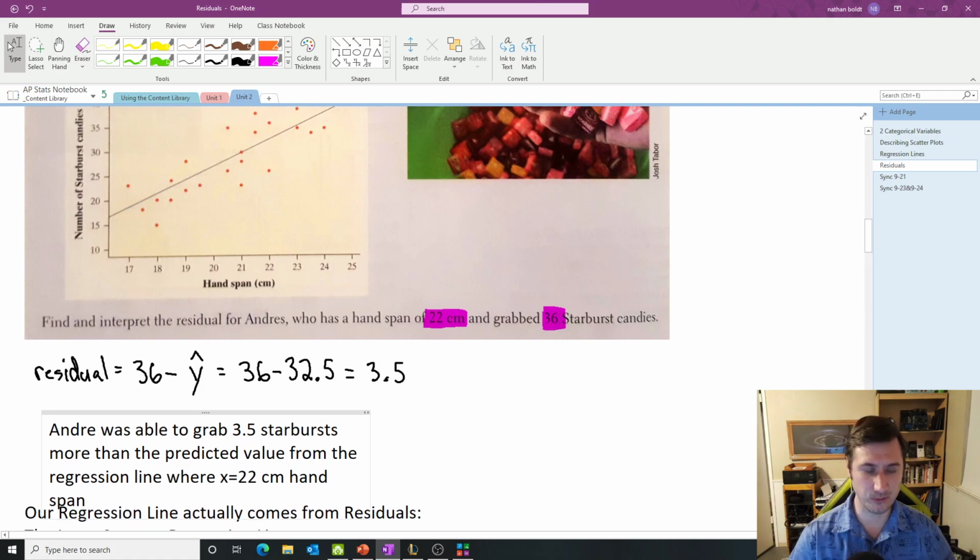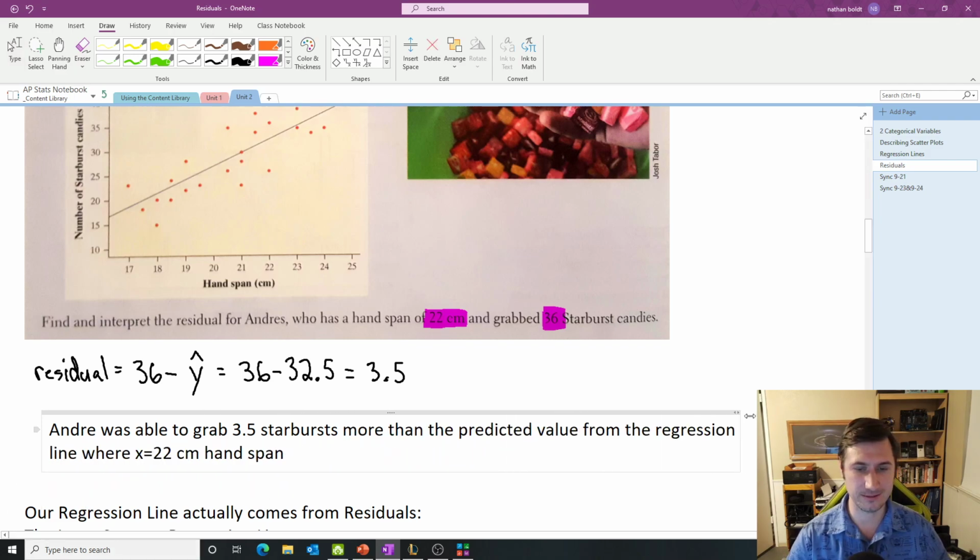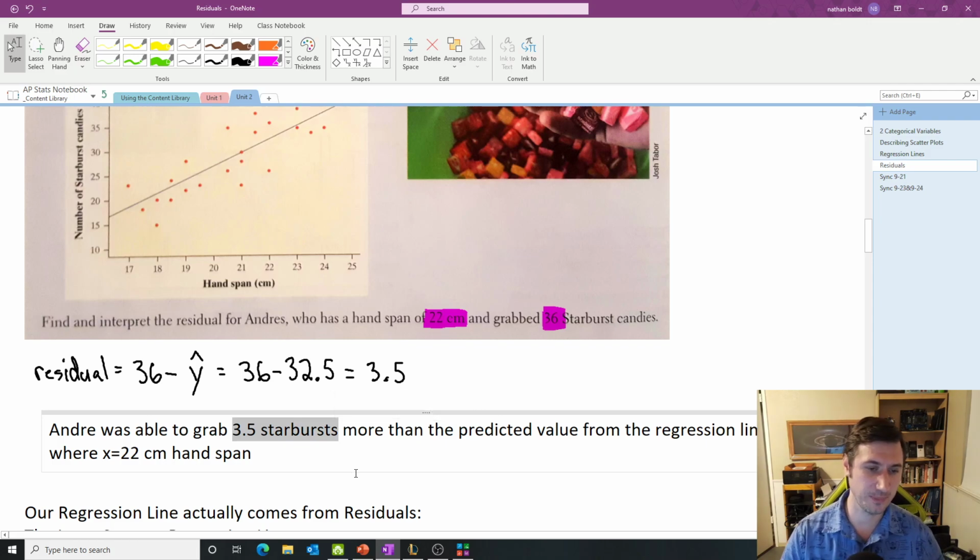More context is never a bad thing. Context, context, context. See that the residual does have units. In this case, it's the number of Starbursts. He was above the regression line.